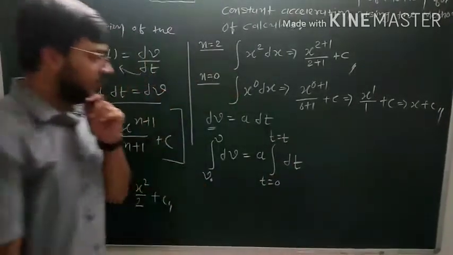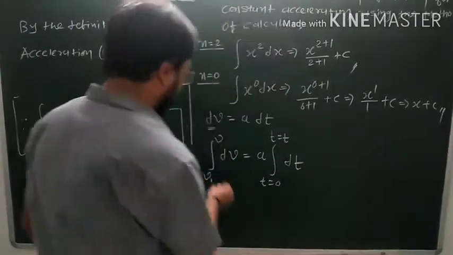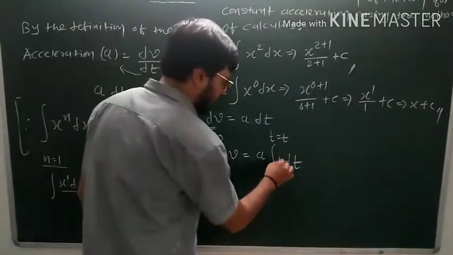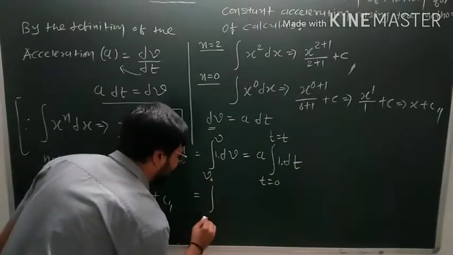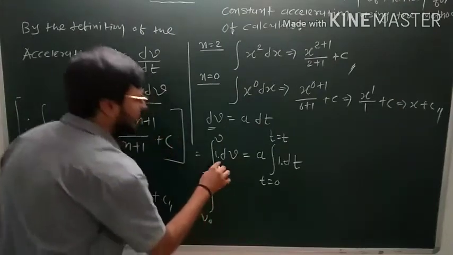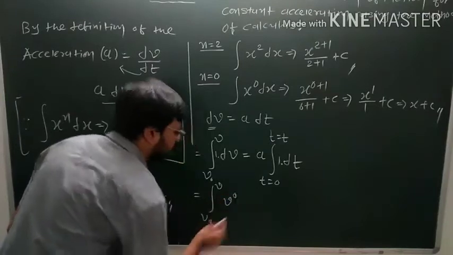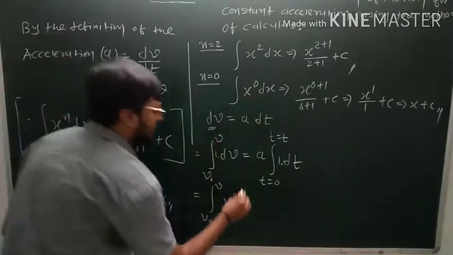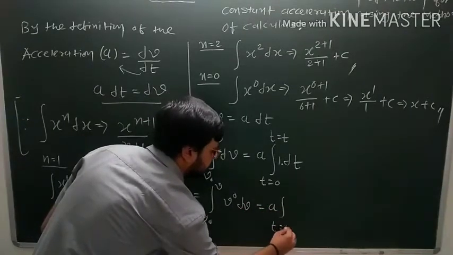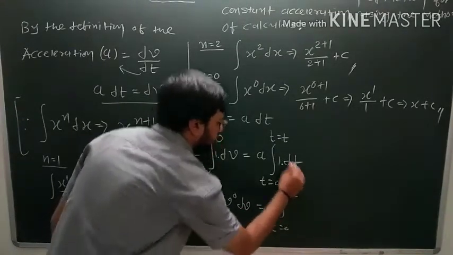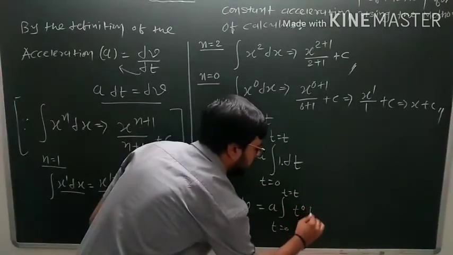For integration we assume that here is 1, and here is also 1. So we can write the integral from v naught to v, where 1 is v raised to 0, dv. Here also we can assume 1 is t raised to 0, dt.